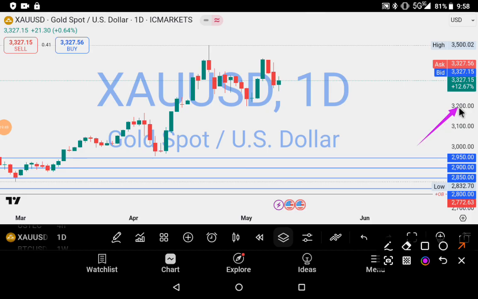If the 3,200 level holds the price, that means if the market price does not find its way below 3,200, then we should be able to see 3,400.